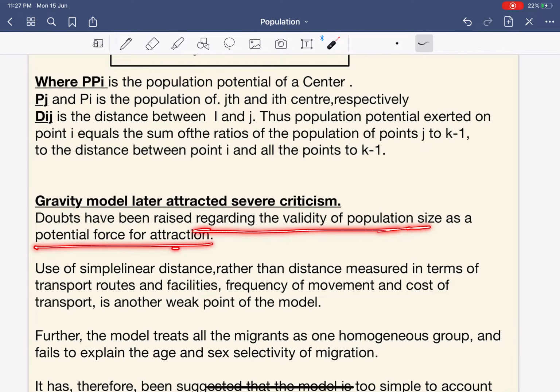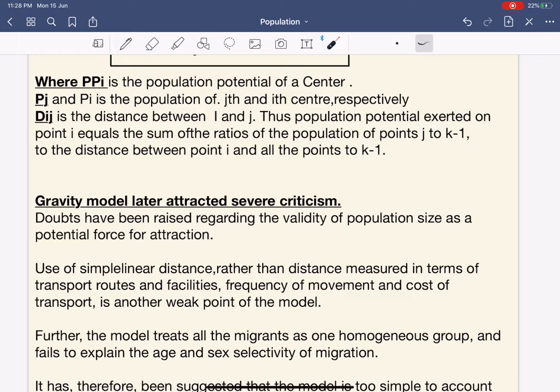Factors can be people's perception. For example, let us see Bhubaneswar versus Delhi. Now obviously, I am a person who is from Cuttack. For me, Bhubaneswar is nearby. I can avail all the facilities that are available in Delhi in Bhubaneswar itself.